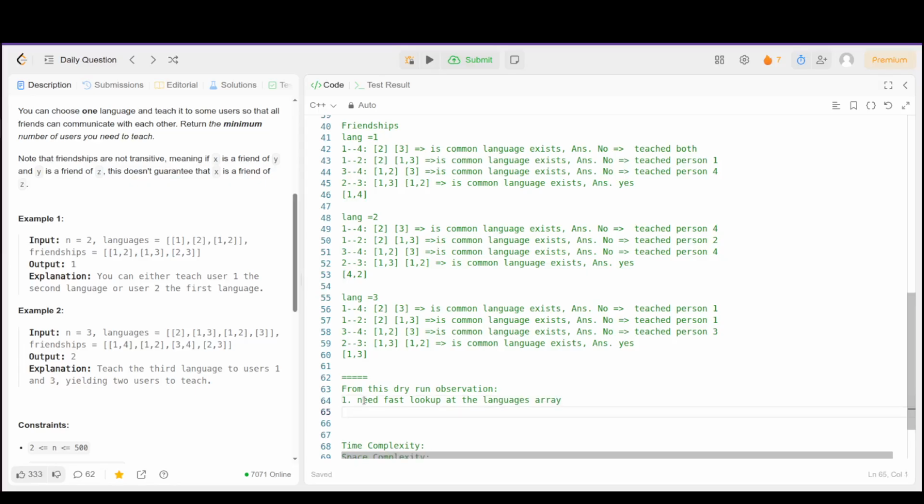And the second thing is, here you can see that we do not need to consider pairs like 2 3, because they already know a common language. We do not need to teach any of them, so we do not consider them. So only consider those friendships whose members do not have a common language.